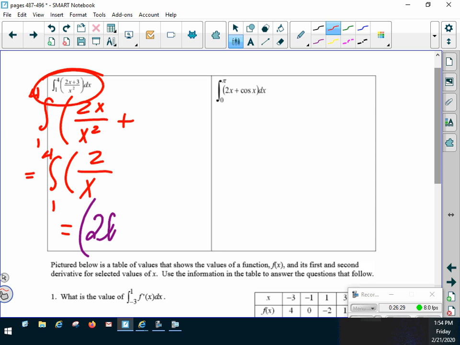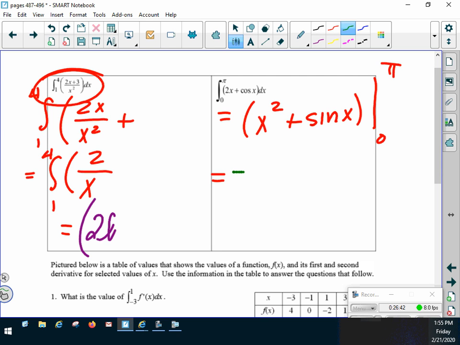All right, what's the antiderivative? Good. X squared plus sine x, evaluated from 0 to pi. So that's pi squared plus sine pi minus 0 squared plus sine 0.